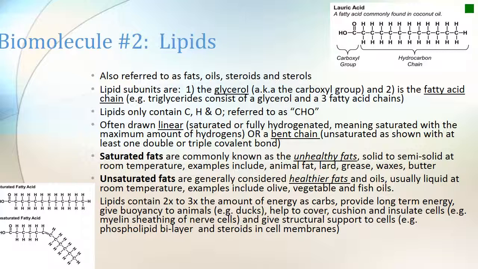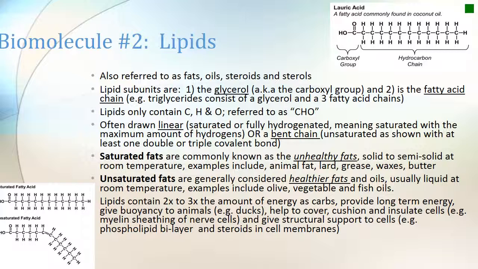They also help to cover or insulate cells. A great example is the myelin sheathing on nerve cells. We'll talk about those specialized cells, and we've mentioned that briefly. But those cells, many cells, have to be covered to protect them, and that comes from the lipids. And also, we will go into a lot of detail about the cell membrane and how important that is.